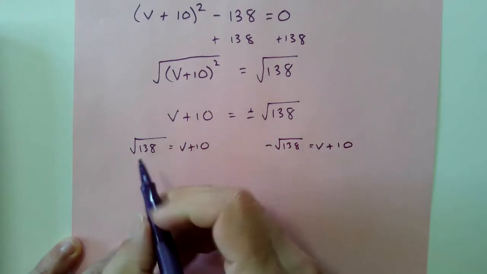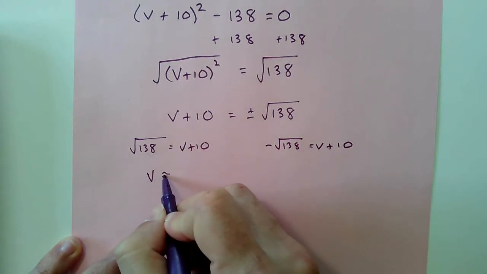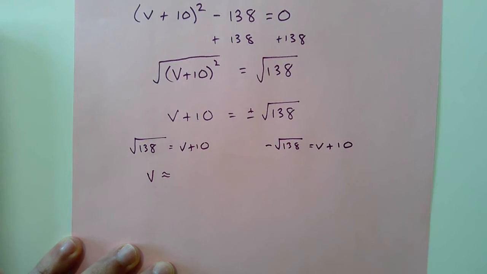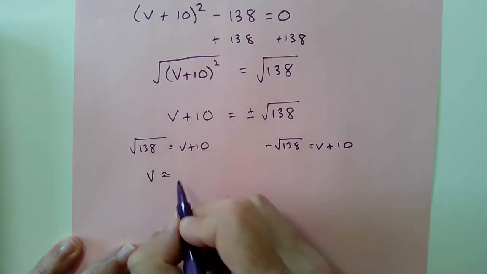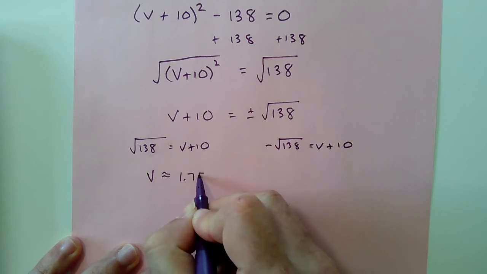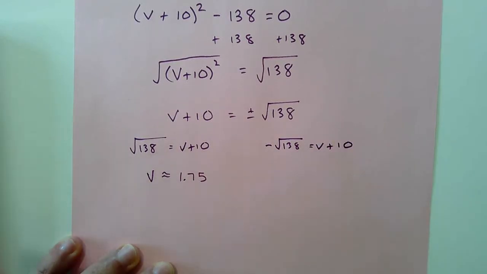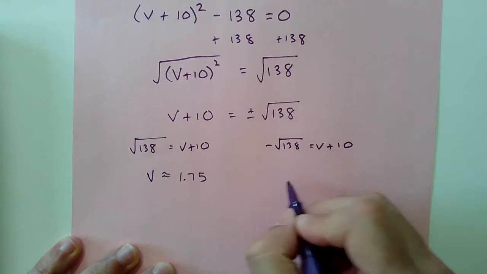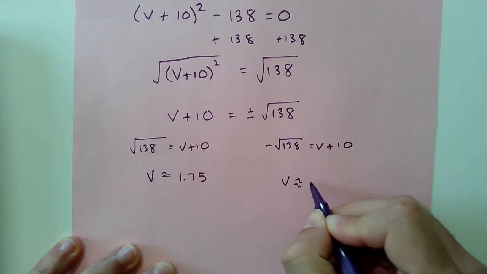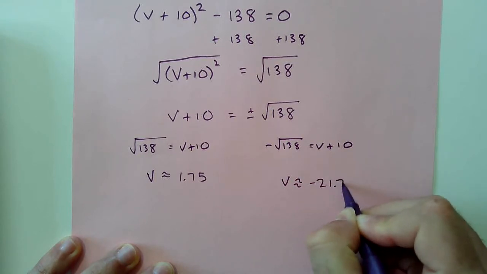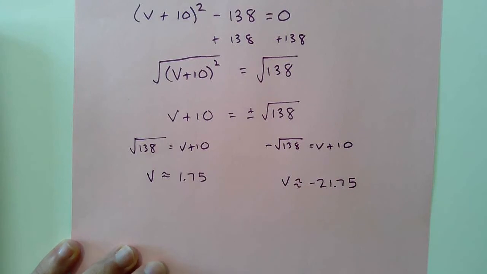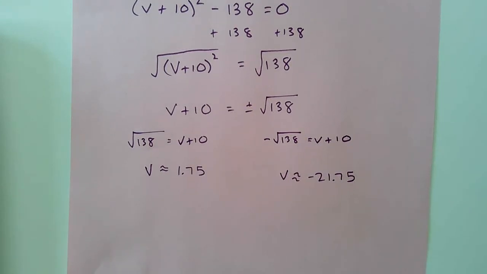And that's going to give me final answer of v is about 1.75. And then here I have the negative square root of 138 minus 10. V is about negative 21.75. And those would be my x-intercepts there.